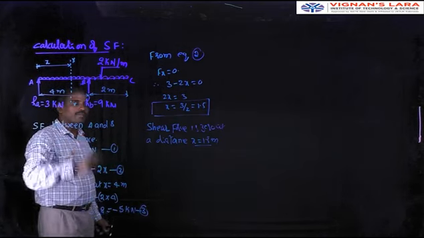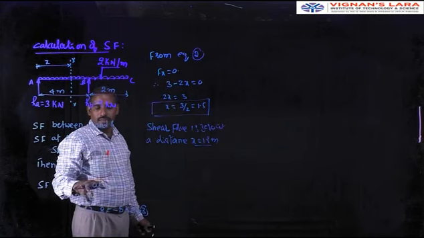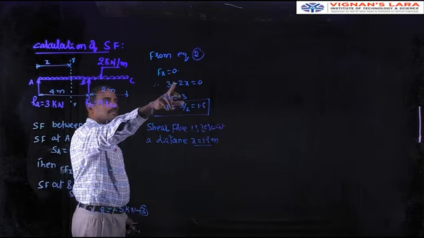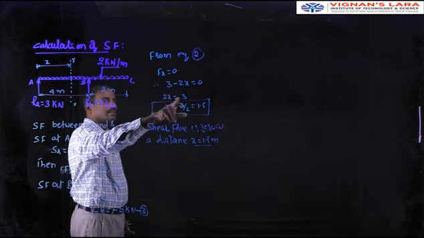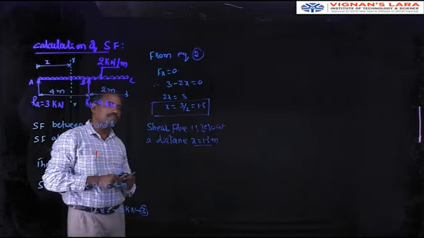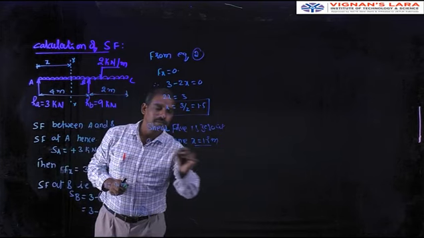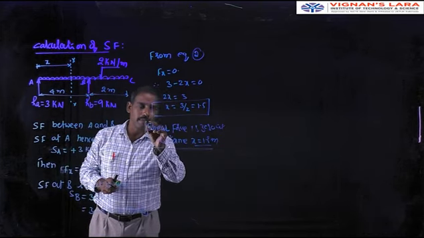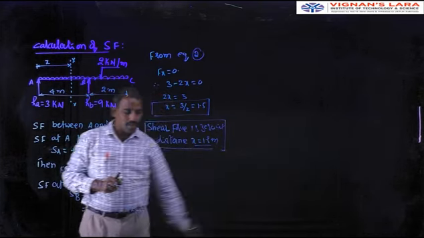We have to calculate at what distance the shear force is 0. From equation number 2, simply Fx is equal to 0. From that, the shear force is 0 at a distance 1.5 meters from end A. Here, the bending moment is maximum. Keep it in mind.